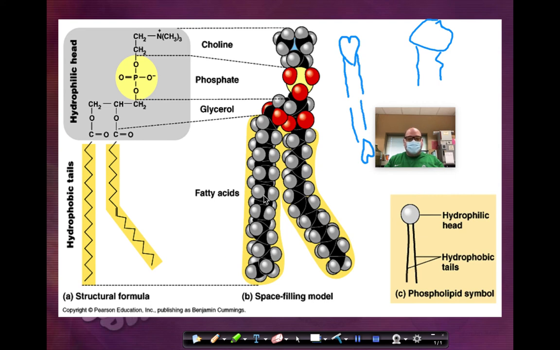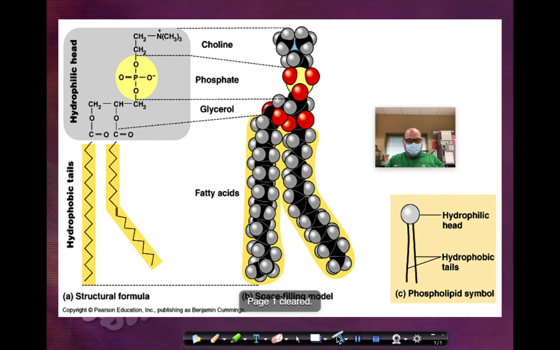And you have one saturated fatty acid and one unsaturated fatty acid on your phospholipid bilayer. Some textbooks get really fancy, and they'll draw it like this, and they'll put a little angle on it. So now you know why that angle is there. That angle is caused by a double bond in the carbon chain that's part of the fatty acid.